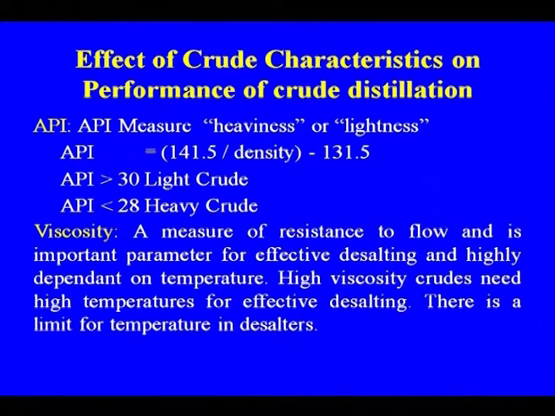There is a limit for the temperature in the desalter, because if you go beyond it, the separation efficiency in the desalter will go down. This is why viscosity and API are very important in the desalting process, because the desalting you cannot look at separately from the atmospheric distillation unit.